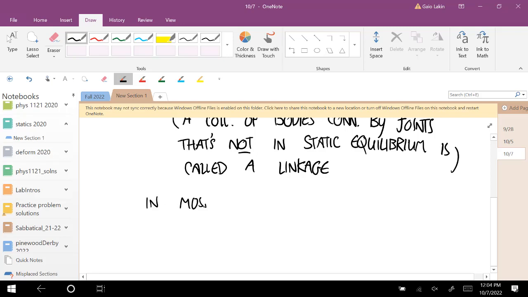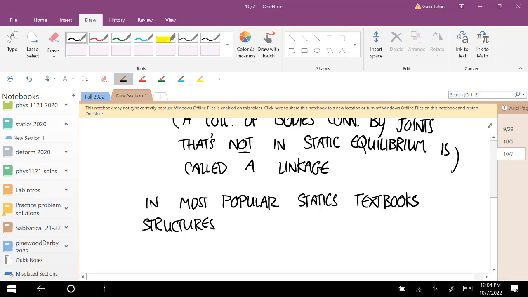In the most popular, the most used statics textbooks, structures are divided into two categories. Those are trusses.